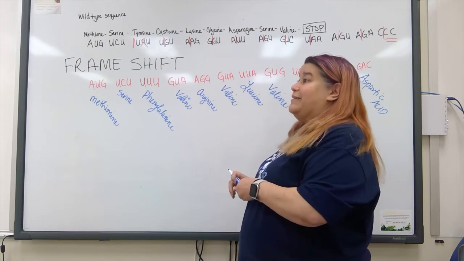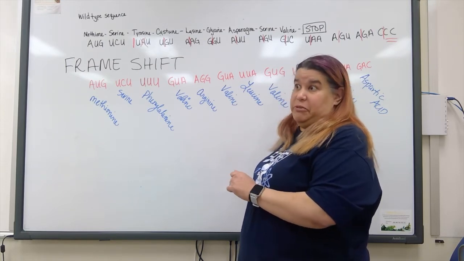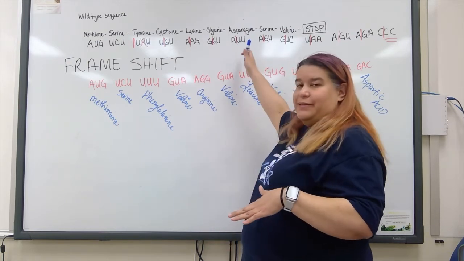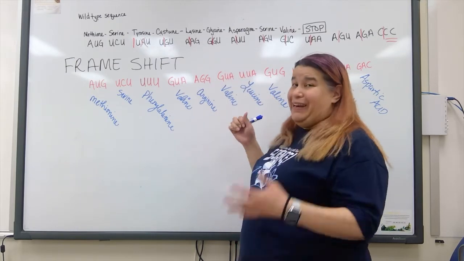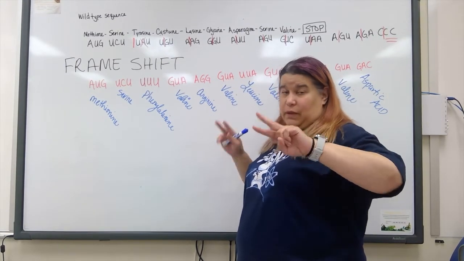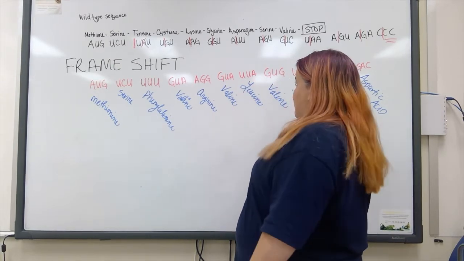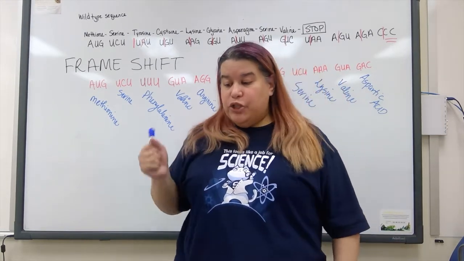Frameshift is almost always going to be a detrimental mutation. It completely changes what this says to put together. The recipe changed, and I didn't even take 2 of my bases out. I took 1, and look at the mess that I now have compared to what I started with.